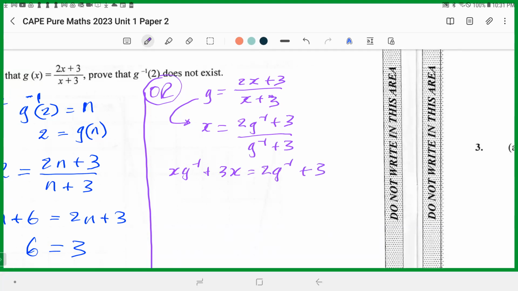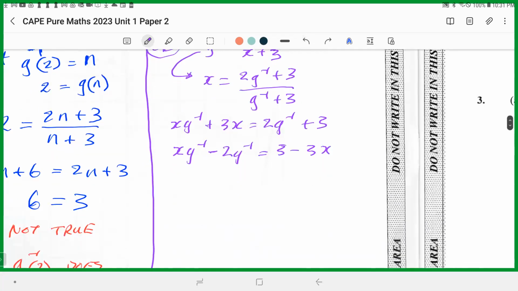I'm going to take this g to the minus 1 over this side and subtract it, and take this 3x over that side and subtract it. So I'm going to get x g to the minus 1 minus 2g to the minus 1 equals 3 minus 3x. Because I take this 3x and bring it over here and get minus 3x. I take this 2g to the minus 1 and bring it over here and get minus 2g to the minus 1.